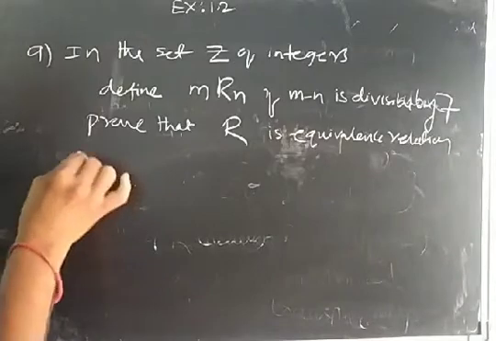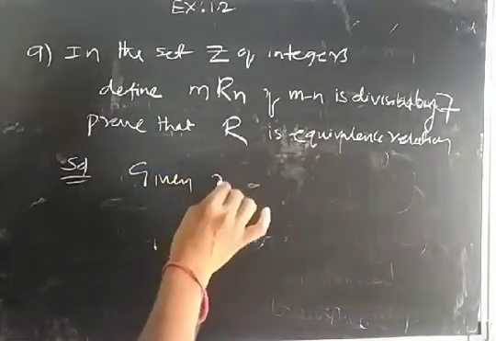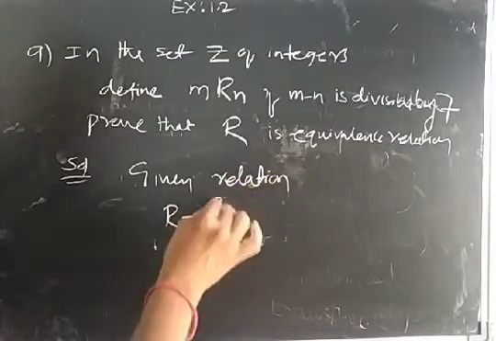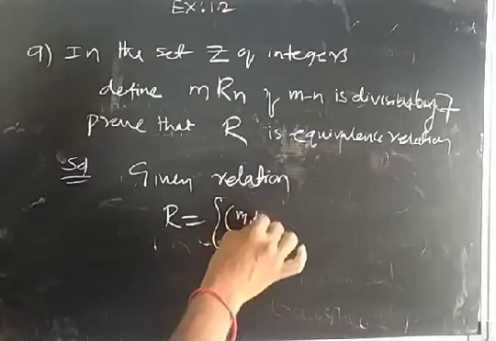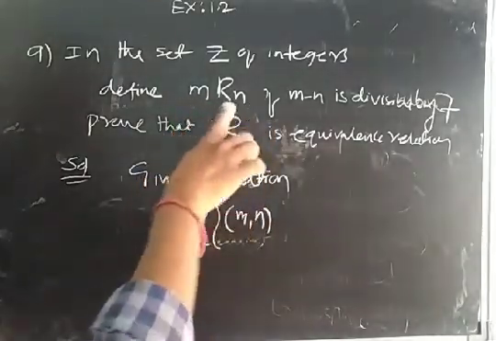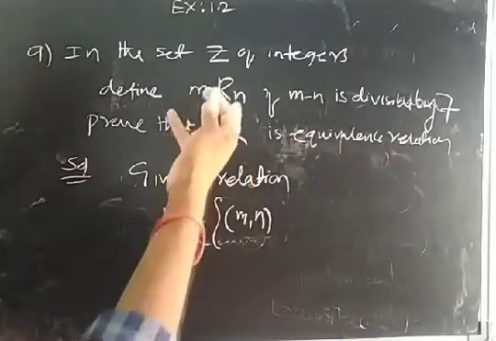Right. Solution. Given relation R which contains ordered pairs (m, n). Here m is related with n, m, n in Z. This is one notation, this is also one notation. You can write it as an ordered pair belongs to R, or you can write like this.